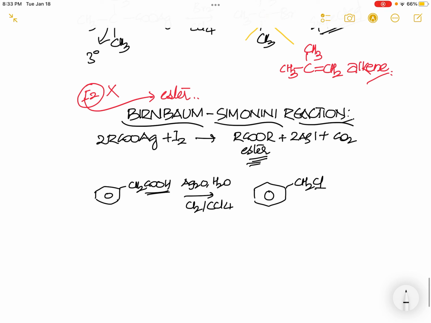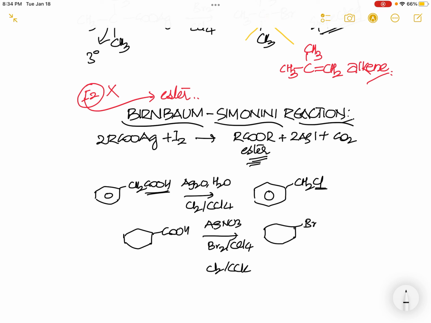This part is replaced by this one. If it is given simply as COOH, you first use AgNO3 or Ag2O, then bromine in the presence of CCl4. If you use chlorine in the presence of CCl4, you get chlorine there. But we should not use iodine.